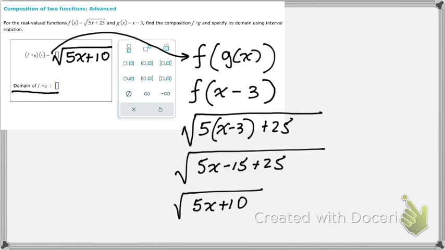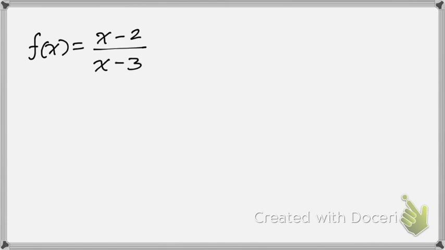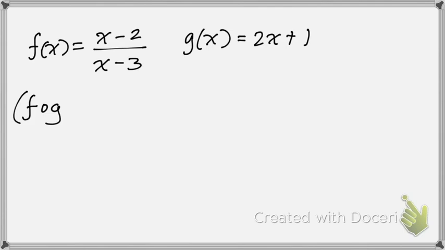So maybe I can just look at one more composition. Say I had f of x equal to x minus 2 over x minus 3, and g of x is equal to 2x plus 1, and I'm asked for the composition of f and g of x.